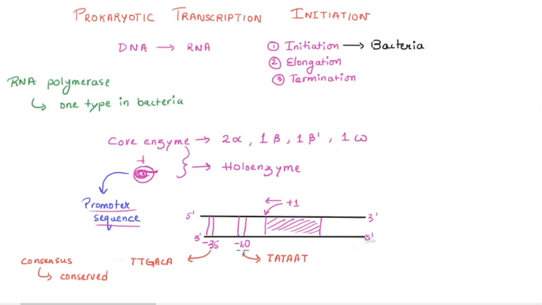So these two regions, -10 and -35, are recognized by the RNA polymerase. And there is sometimes another sequence which is called the up element, which is upstream of -35, and this up element is generally present in the genes that are encoding the ribosomal subunit.